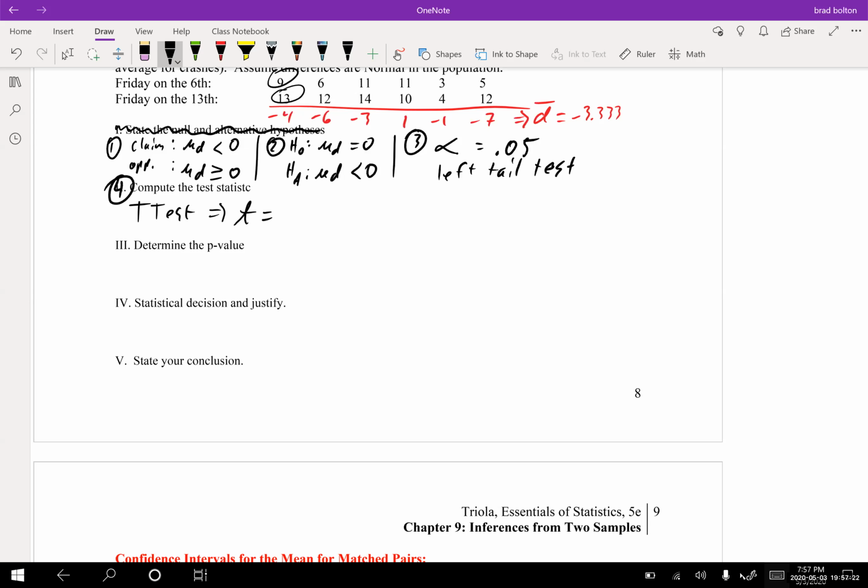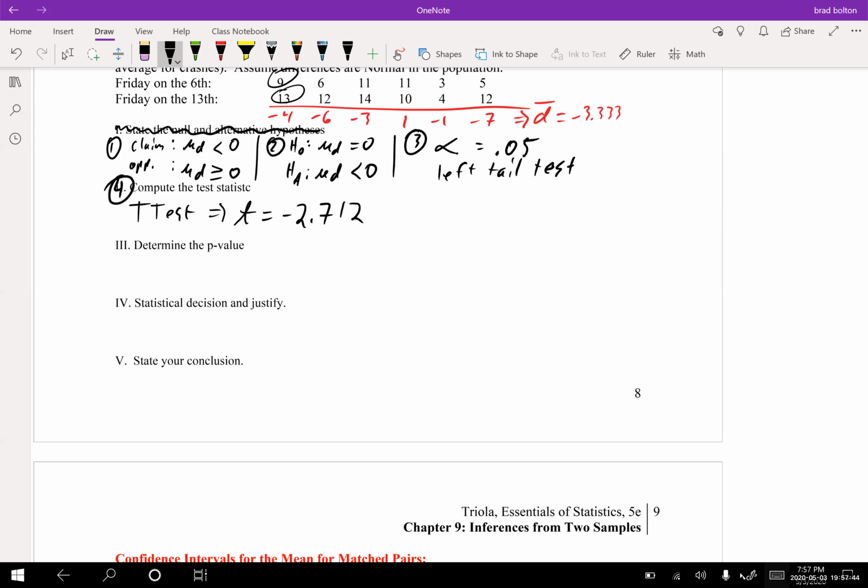So I get negative 2.7 because I'm doing a negative. So this is negative 2.712, I guess, if you want to round off. Okay, some of you would get a positive if you were doing the right tail. Okay, which is still acceptable. You'll still arrive at the same conclusion as me.